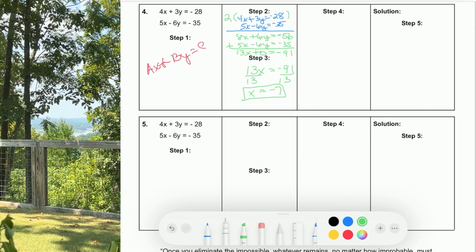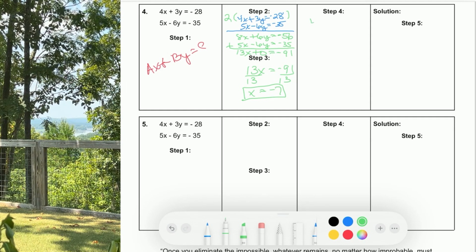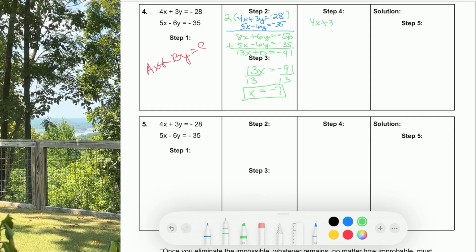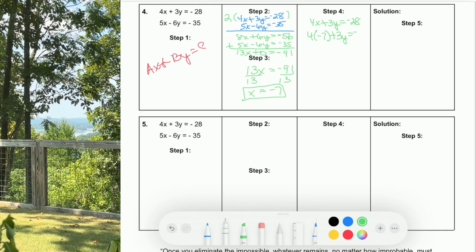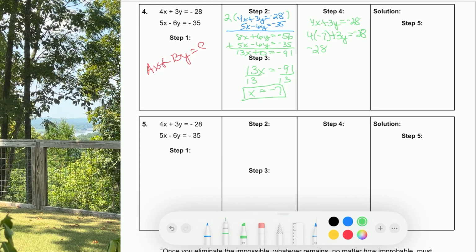Take that value and plug it into one of my two equations. So 4x plus 3y equals negative 28. 4 times negative 7 plus 3y equals negative 28. All right, I get negative 28 here plus 3y equals negative 28.